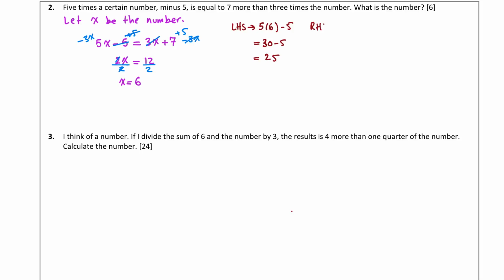And my right-hand side is 3 times 6 plus 7, and that is equal to 18 plus 7, which is equal to 25, and left-hand side is equal to right-hand side, and therefore my solution is correct, which allows me to write a final therefore statement saying that the missing number, or just the number, is 6.